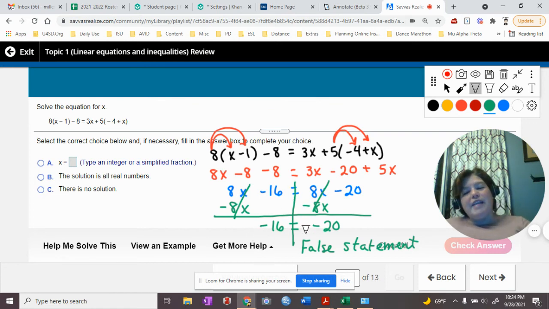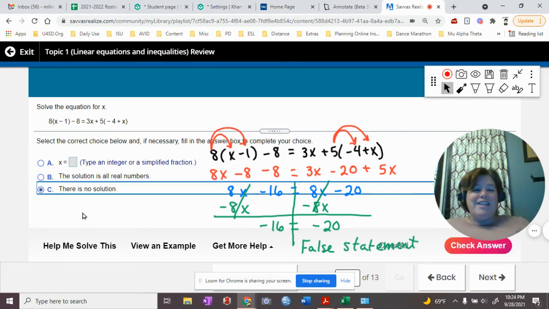If we had the same thing on both sides of our equation, then we would select all real numbers or infinitely many solutions. However, we have different things on each side of the equation, and we no longer have a variable. So our solution here is that there is no solution because there's nothing that will make this equation true.